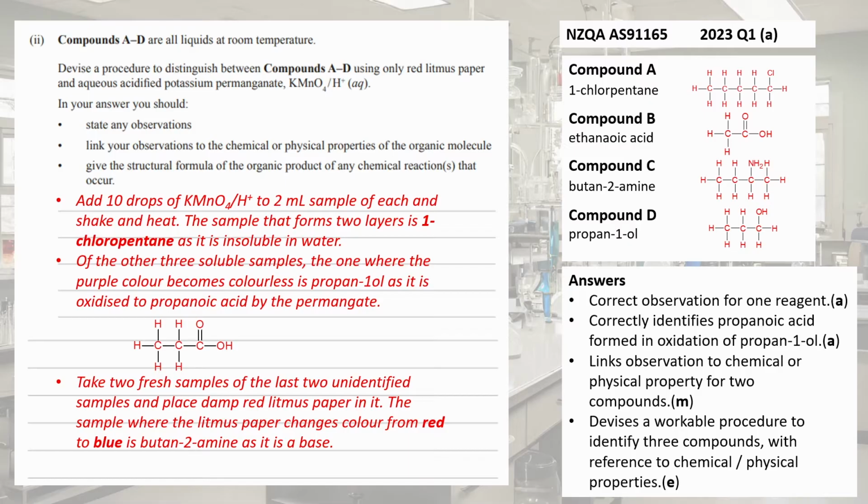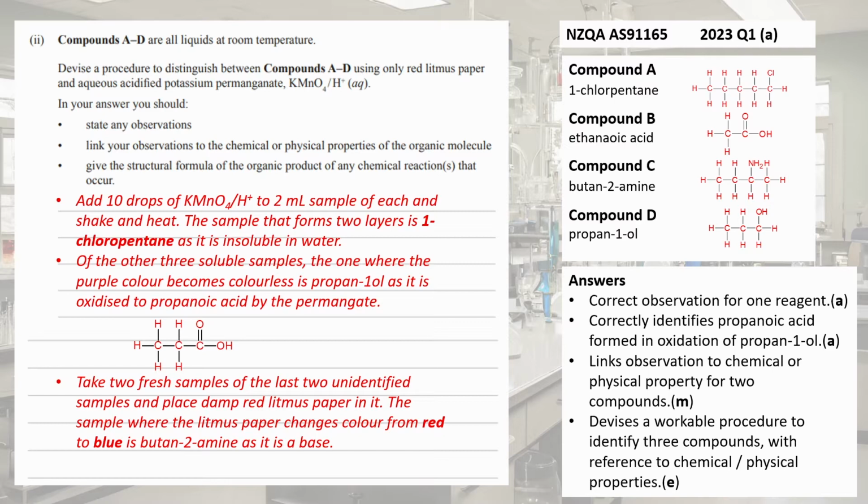Now when I look at the marking schedule for this Achievement Standard 91165 for 2021, I get an Achieved point here for identifying the 2 that are structural or constitutional isomers of each other. I get another for explaining why. So if I said, hey, they've got the same molecular formula, but the bonds are joined in different ways, I get another A. But if I can actually link, and link here means me giving specific detail about each compound.